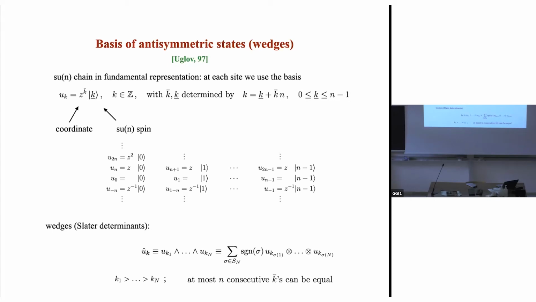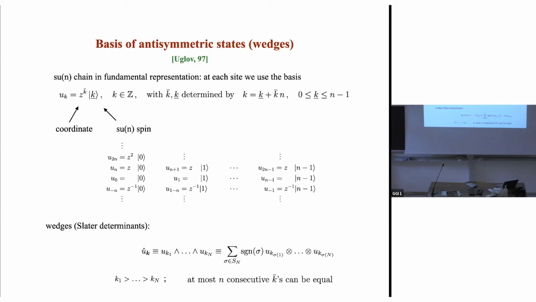There is k underline, which can take n values. For SU(2), it will take two values, 0 or 1, or up and down. Well, the coordinate dependence is given by these monomials in the coordinates.